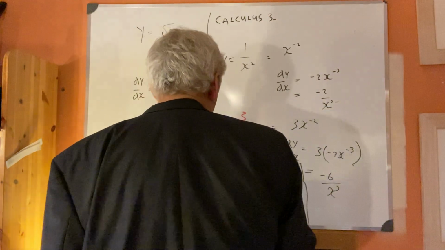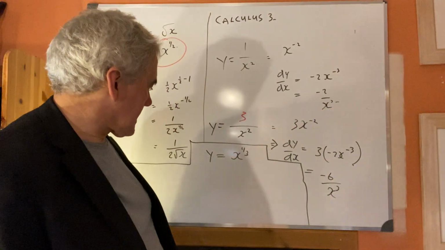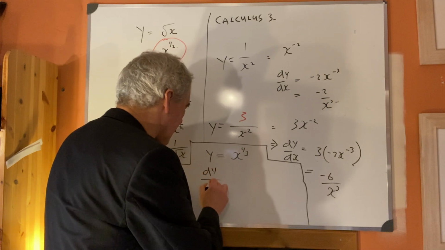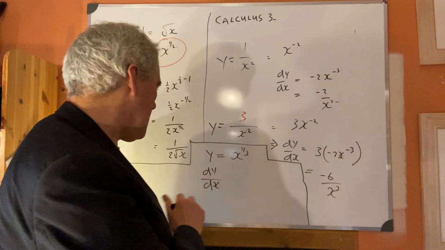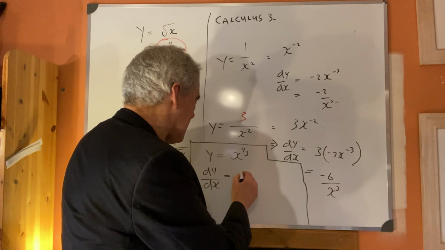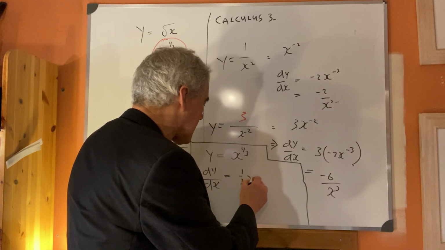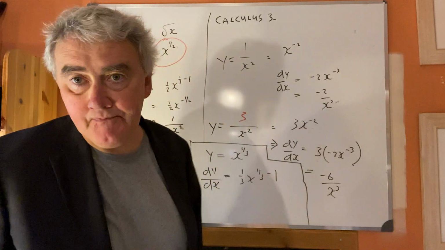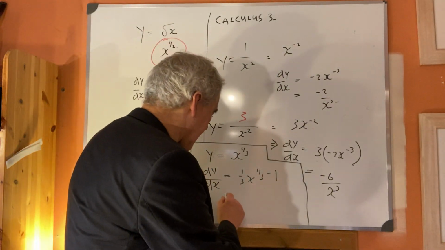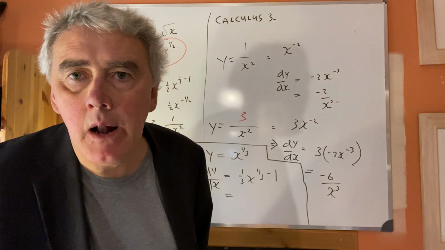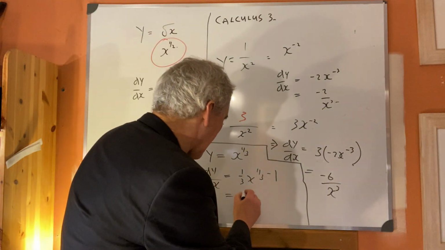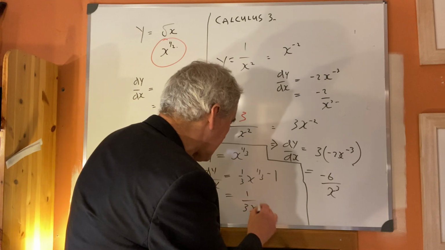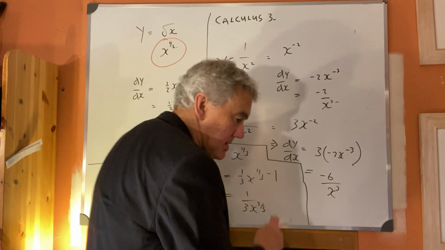But if we differentiate it, as complex as this might be, there is no difference at all. dy dx is equal to a third x to the power of a third minus 1, and that becomes 1 over 3x to the power of 2/3.